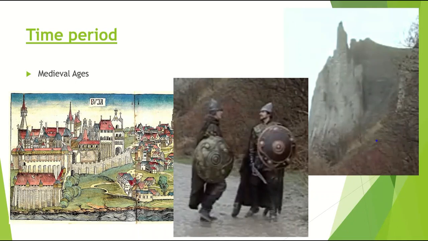Over here in the middle, we have these two dudes wearing helmets, holding shields and a sword, and they look like they just came back from battle. If you Google search medieval ages and battle, this costume is what they would be wearing. Therefore, it gave me the idea that this type of performance was supposed to represent the medieval ages.